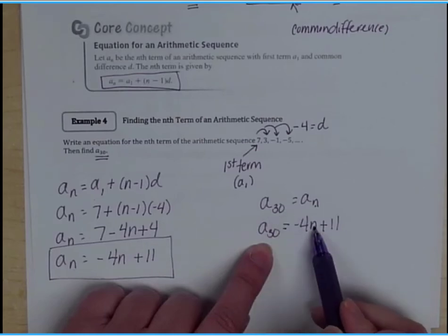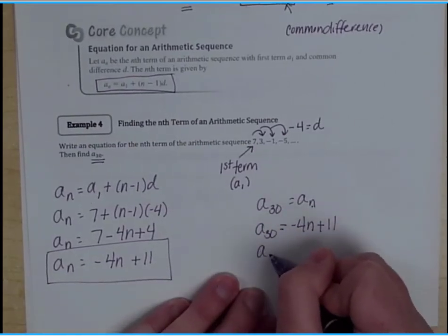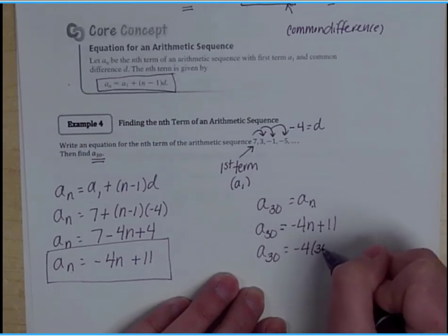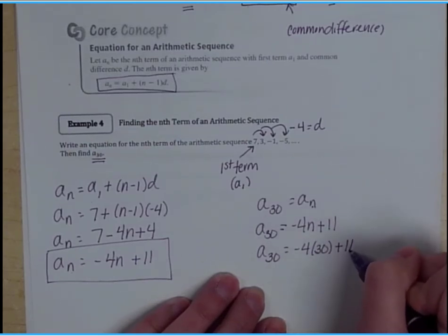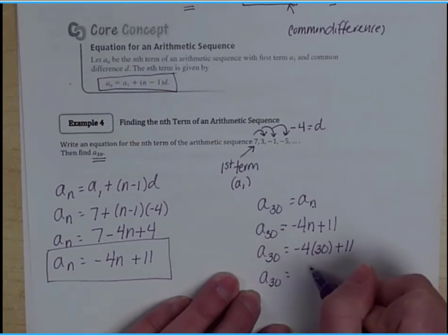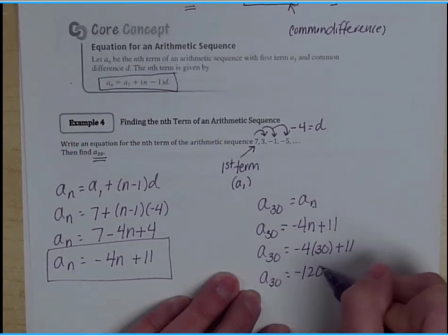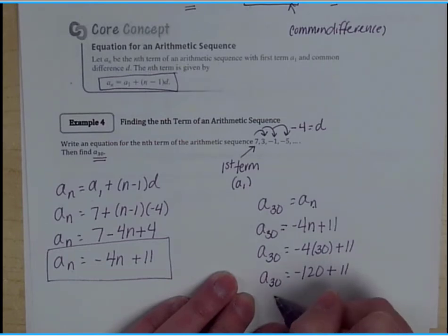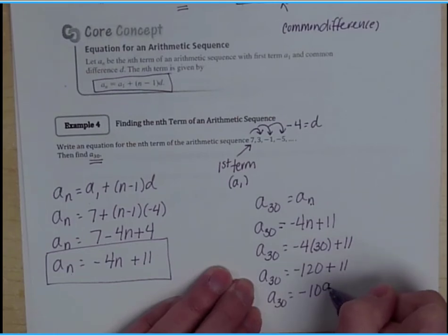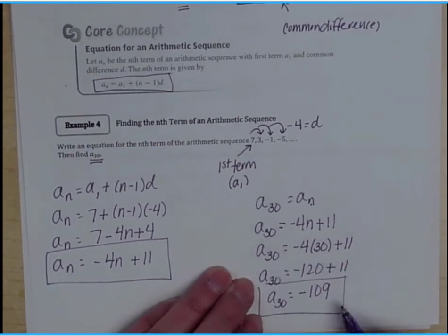If I replace it here, I'm going to replace it here. So I have A of 30 equals negative 4 times 30 plus 11. So A of 30 equals negative 120 plus 11. So A of 30, meaning my 30th term, is going to be negative 109.